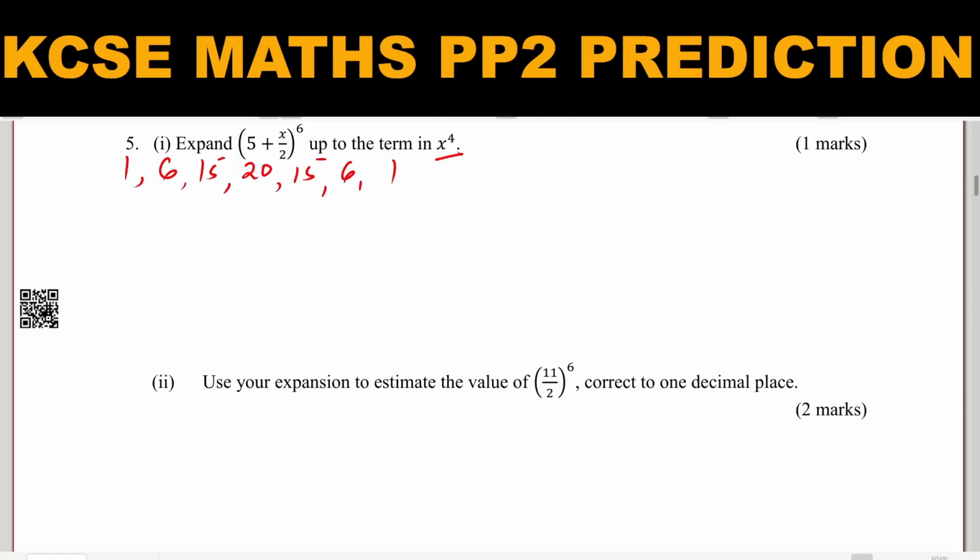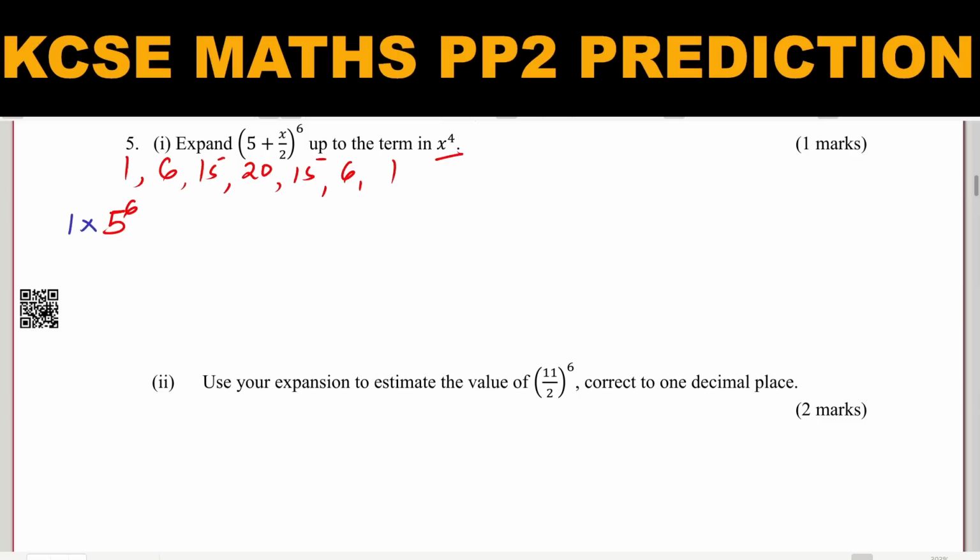Then we can start the expansion. The first coefficient is 1, so 1 times 5 raised to power 6.